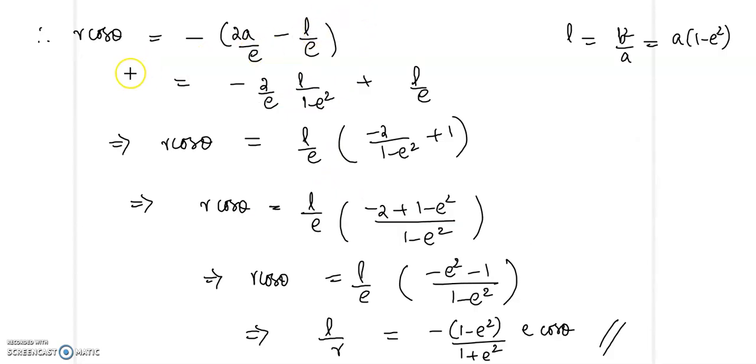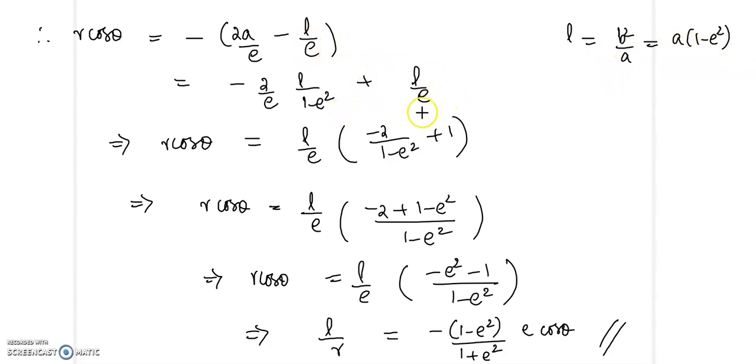So from that equation we will get r cos theta equal to minus 2a by e minus L by e, and this can be rewritten as minus 2 by e. a can be written as L by 1 minus e square, that is, L is a into 1 minus e square. So a will be L by 1 minus e square.